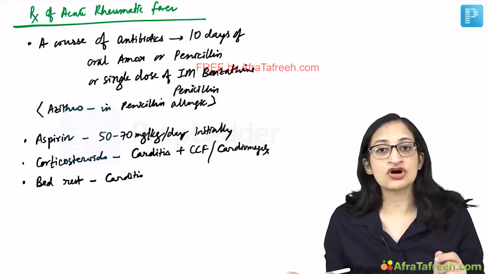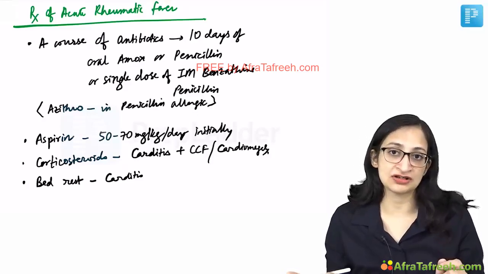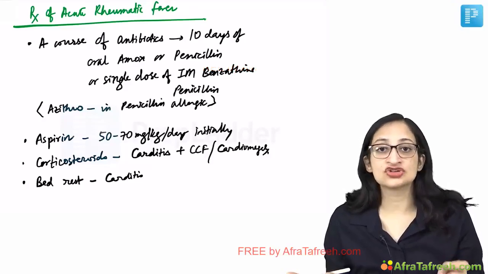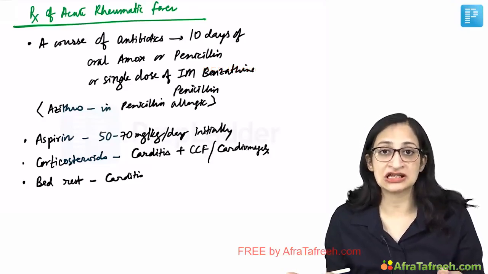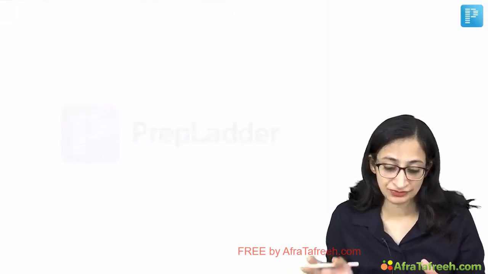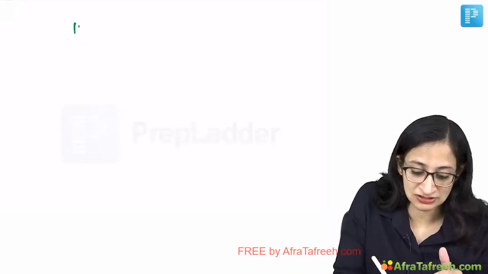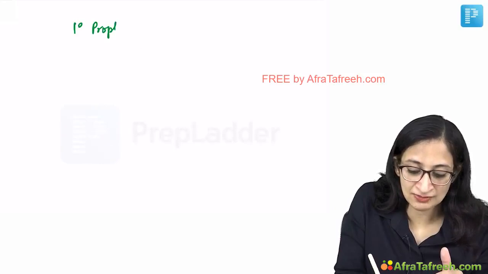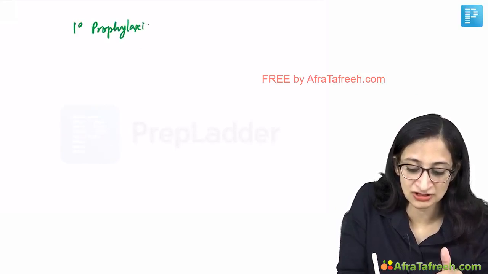Alright. Now, talking about the prophylaxis of acute rheumatic fever or rheumatic heart disease. There is a primary prophylaxis and a secondary prophylaxis. Okay. So, primary prophylaxis means before it has begun.